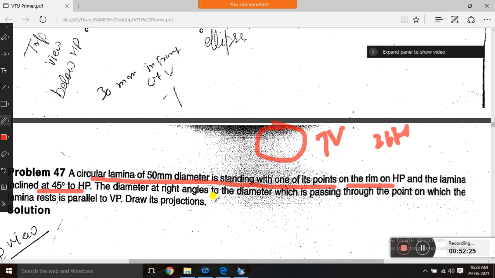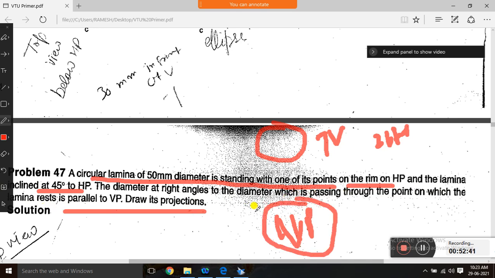The diameter at a right angle to the diameter which passes through the point on which the lamina rests is parallel, means in the third position they have not given inclination with HP, VP. So instead of that VP inclination, they given one condition, means this total 8 equal points.